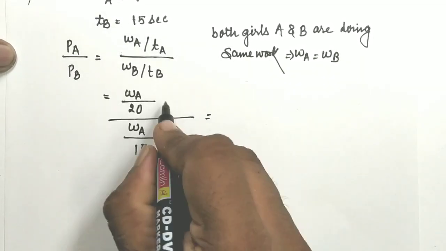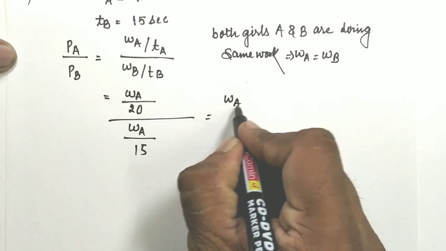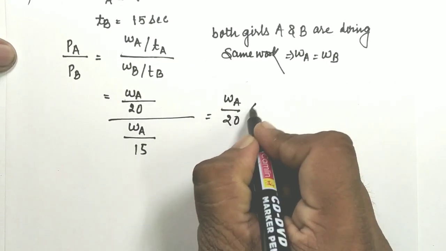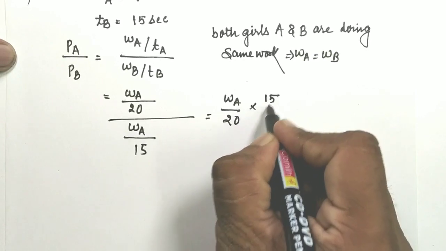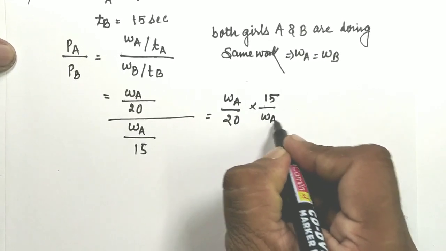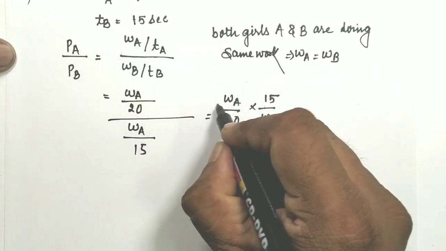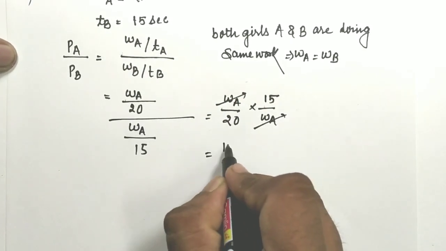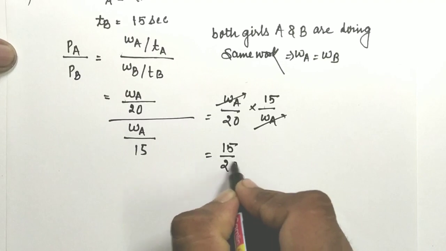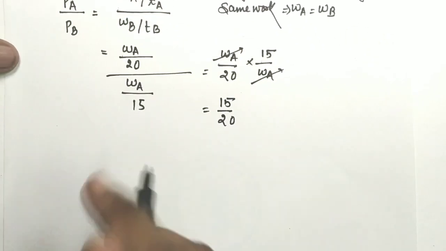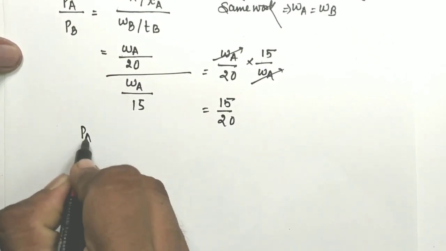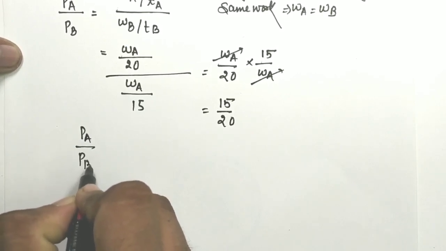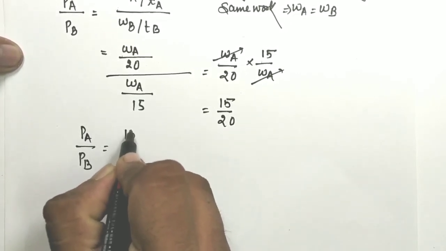So students, from here we can write WA upon 20 upon 15 upon WA. So cross multiply, it will be cut out. So here it will be 15 upon 20. So in order to compare the ratio of the power of girl A to girl B, it will be 15 by 20.